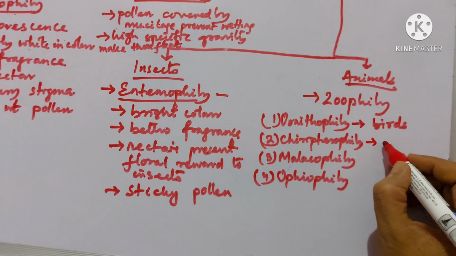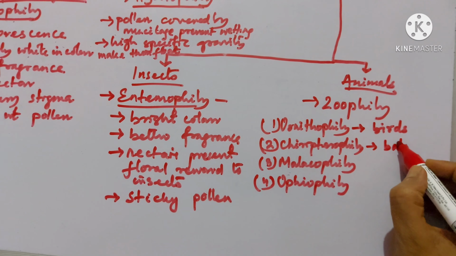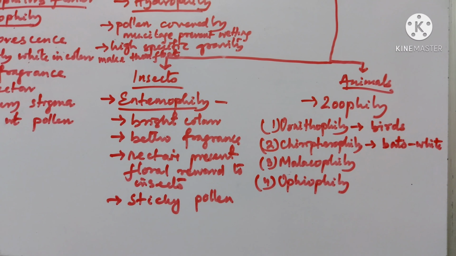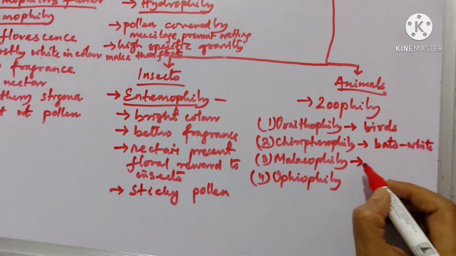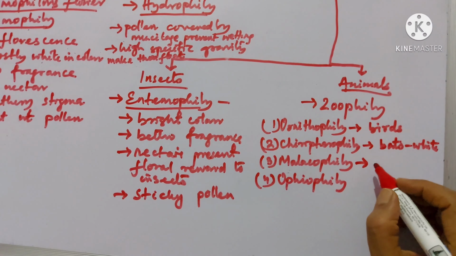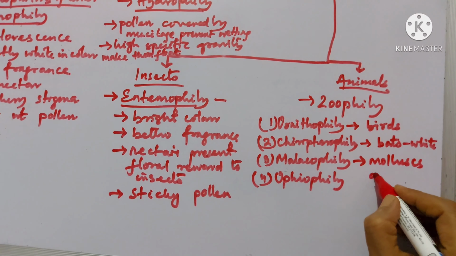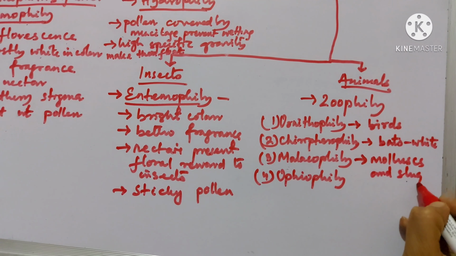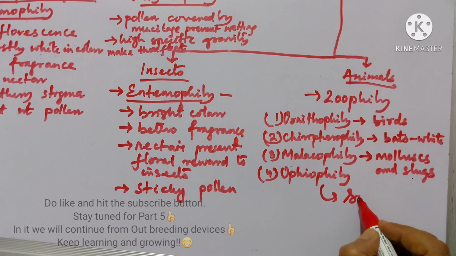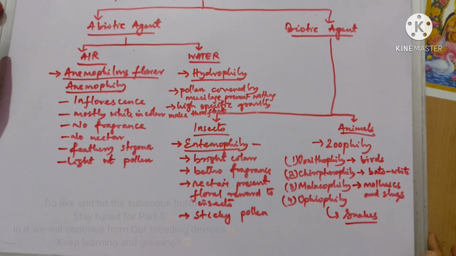Chiropterophilous flowers are mainly pollinated by bats, and mostly they are white in color, which can be recognized at night. Malacophilous flowers are mainly pollinated by mollusks and slugs, and ophiophilous flowers are pollinated by snakes, because ophiology is the study of snakes.